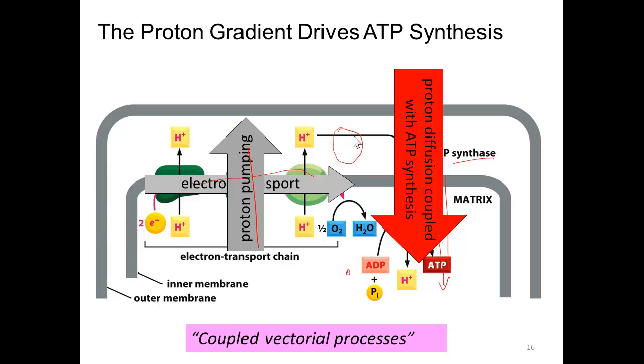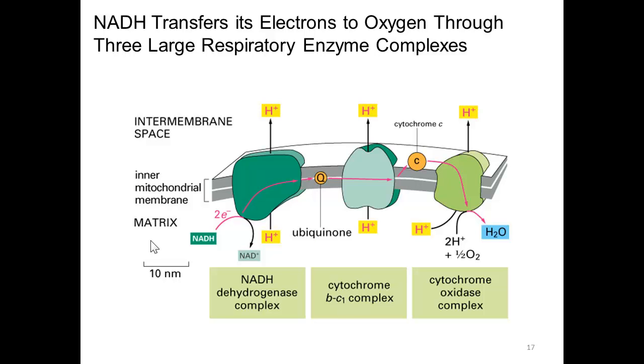So the energy is stored at this point in the concentration differences of protons across this membrane. And then finally, the energy is stored in the molecule of ATP as the proton gradient is relaxed, or protons go down the gradient. And so the energy that was present in the sugar is now present in the ATP molecule after being contained in the proton gradient, after being contained in high energy electrons.